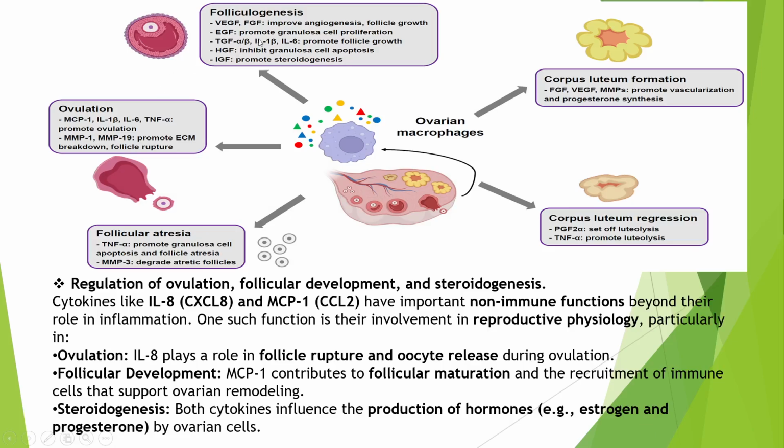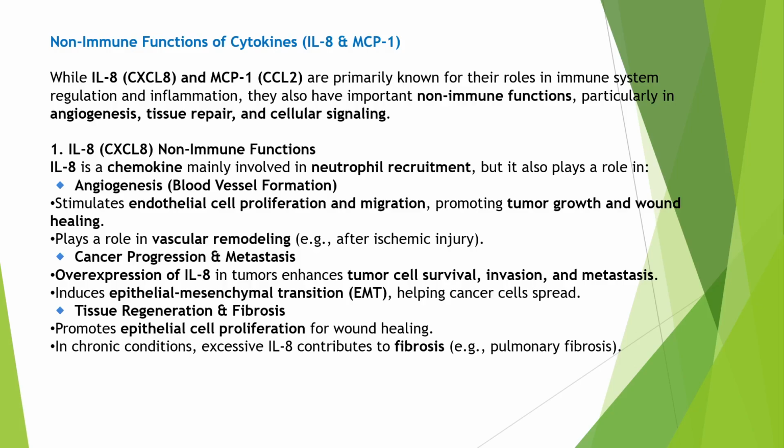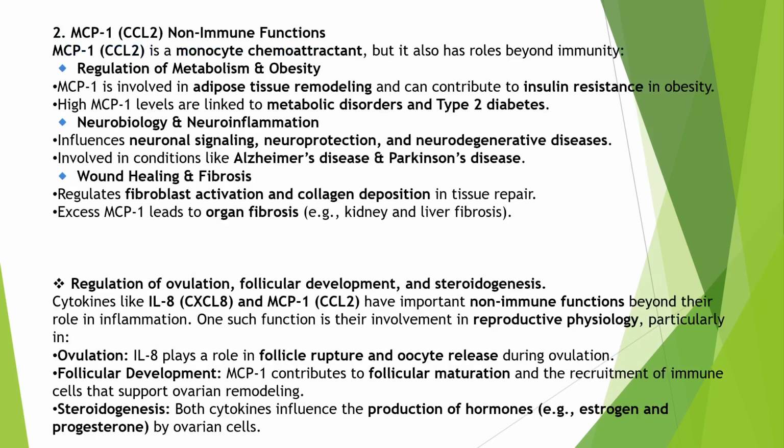Then your TGF alpha beta, IL-1 beta, IL-6 promotes your follicular growth, and HGF inhibits granulosa cell apoptosis, IGF promotes steroidogenesis, etc. So basically, all your cytokines, other than immune function, they also play a role in different other bodily functions like your angiogenesis, tissue repair, cell signaling, and in your reproductive physiology.